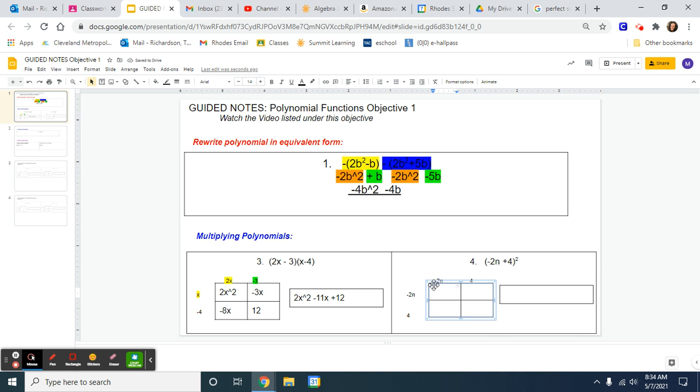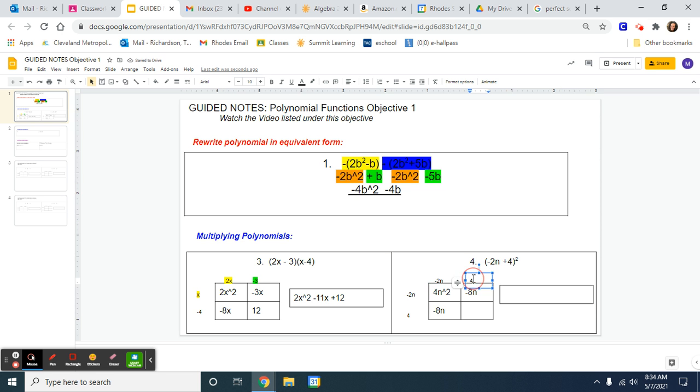So this first box is going to be negative 2n times negative 2n. Negative 2 times negative 2 is a positive 4. And then we're going to have n squared because there's two n's. N times n is n squared. Next box, we have 4 times a negative 2n. That's going to be a negative 8n. Same thing, we have negative 2n times 4. It's a negative 8n.